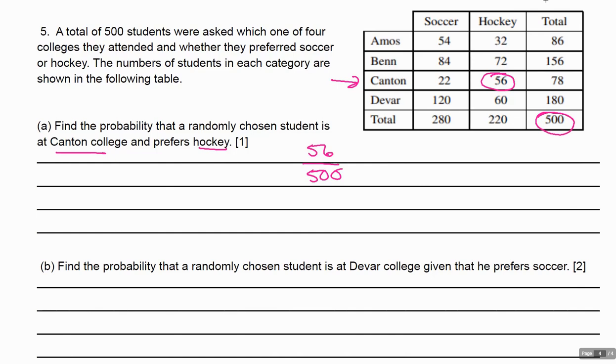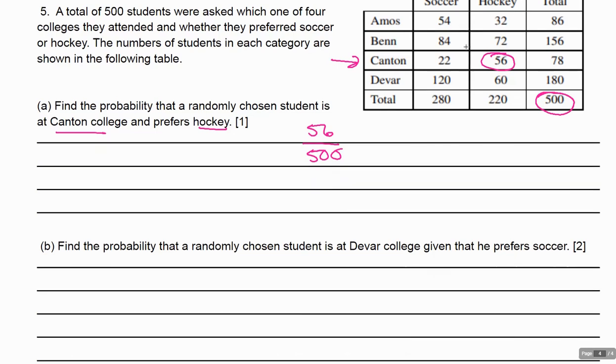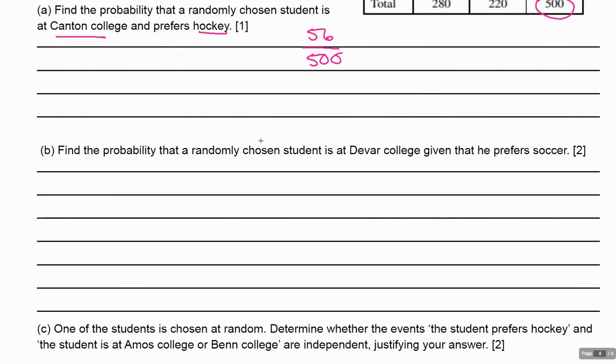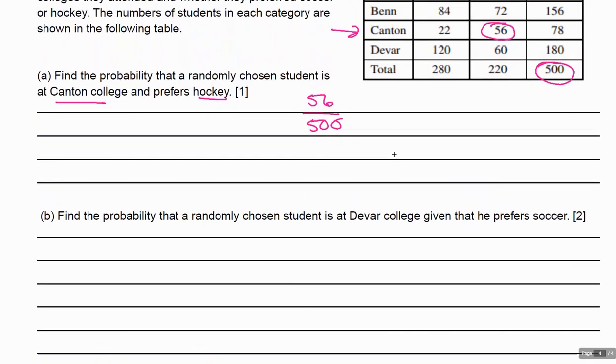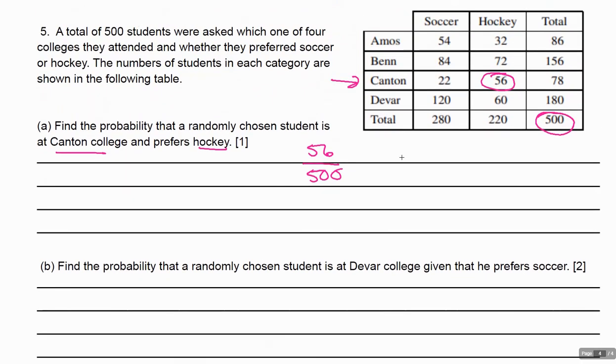And for B, I did 180 over 280, but that's what's wrong. The probability that a randomly chosen student at the VAR college prefers soccer? Again, did you do 120 divided by 500?